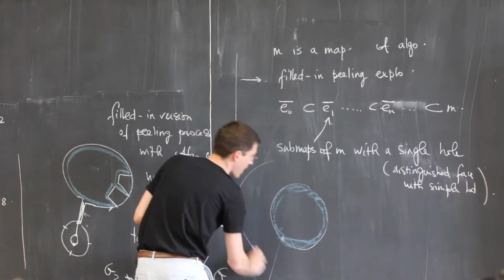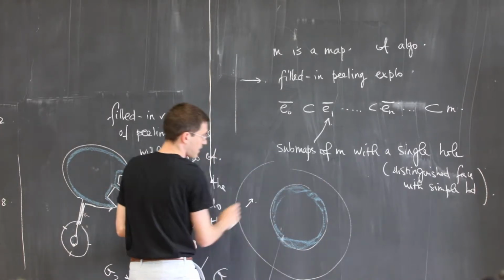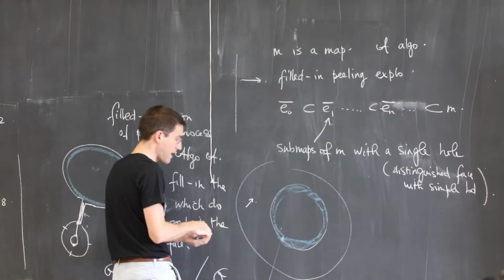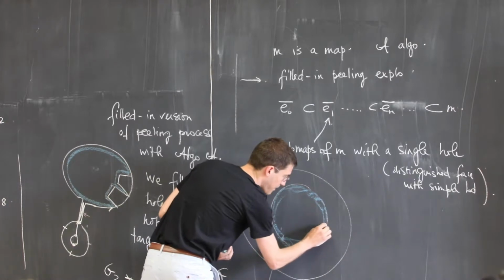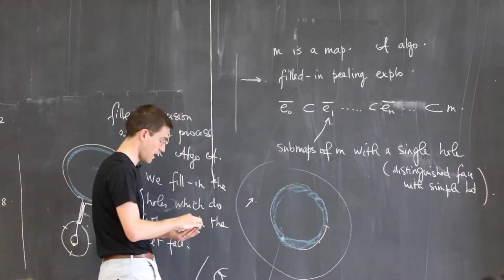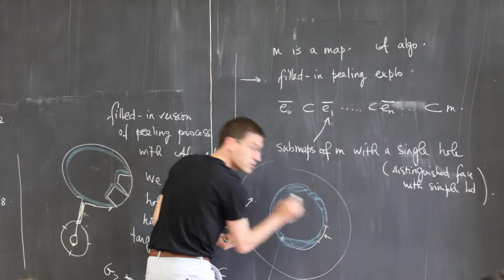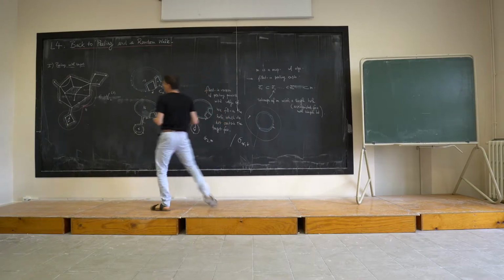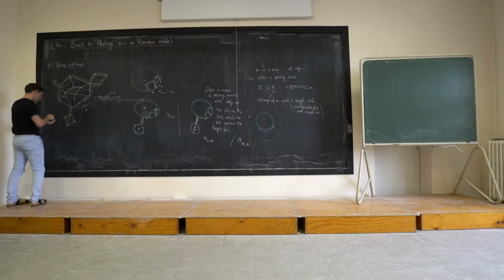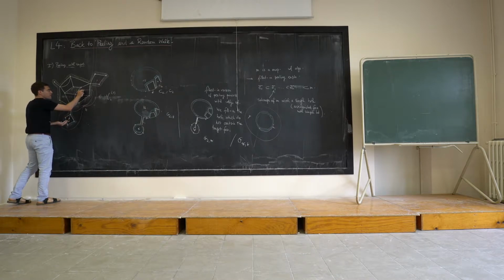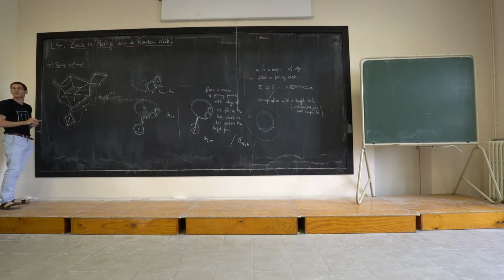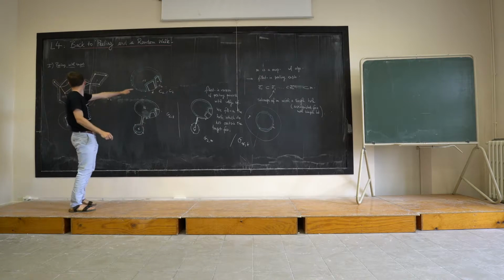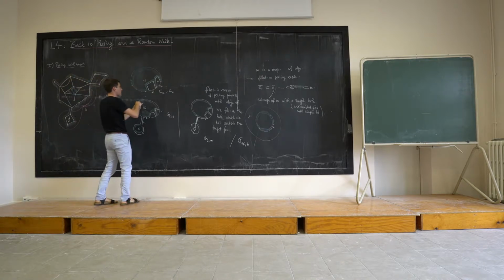My explored map is somewhere here, my root edge here. That's my single hole. My peeling exploration wants to peel that edge. I want to enter that door. For example, when I'm here, imagine I want to perform this peeling step. I want to enter that room, which in this picture is peeling that edge.